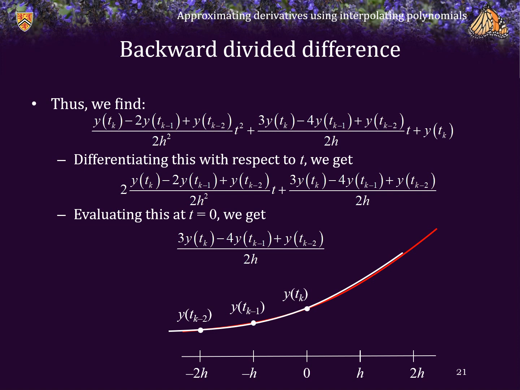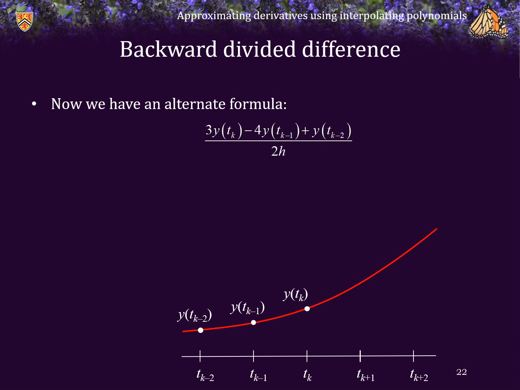This is the approximation of the interpolating quadratic that we see below evaluated at 0, which is now the slope at t sub k from the original data. All right, so we have a nice formula.